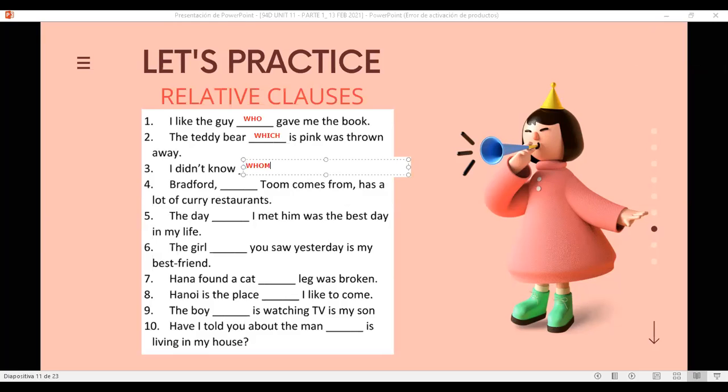Vamos a ver qué me dicen los compañeros. Aquí tenemos whom. Andrés Guerra nos dice whose. ¿Cuál de los dos creen ustedes que sea el correcto? No sabía a quién era el dinero o no sabía de quién era el dinero.